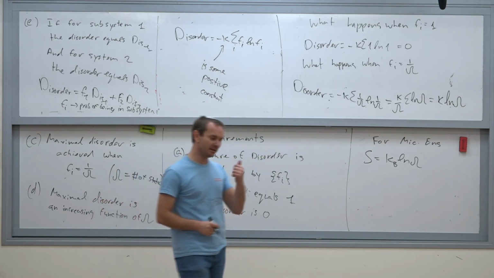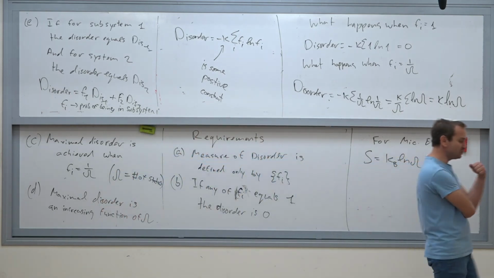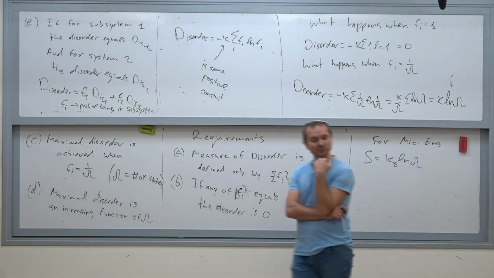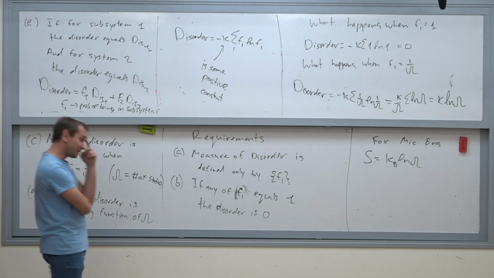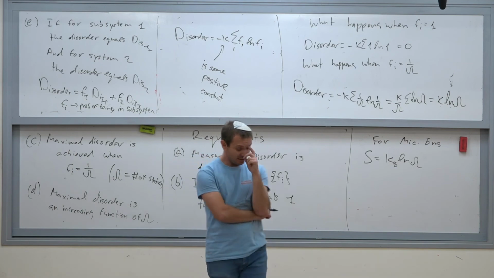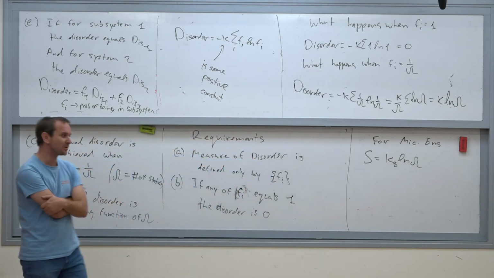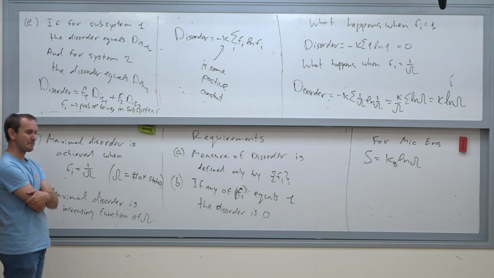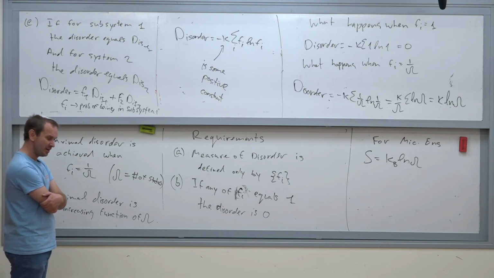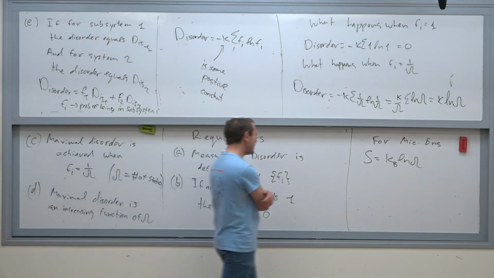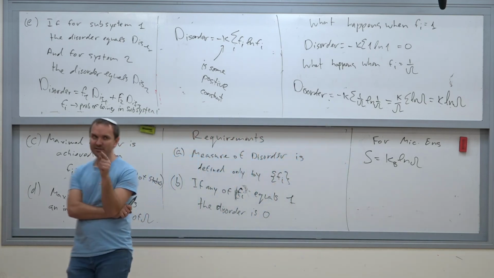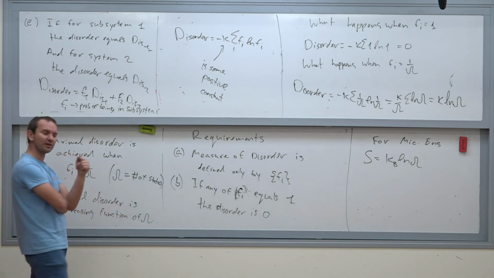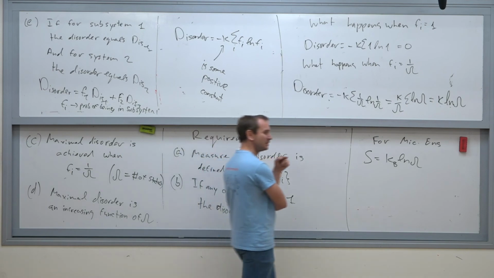So what we see is that the maximal disorder that is possible for this system is exactly the entropy when the system is closed. What is a microcanonical ensemble? Where our system is isolated. Okay, so if we are trying to treat the disorder or the entropy of a closed system, for any kind of distribution, for any kind of situation, the entropy of a closed system is the entropy which corresponds to the maximal disorder that you can have for the system. Okay.